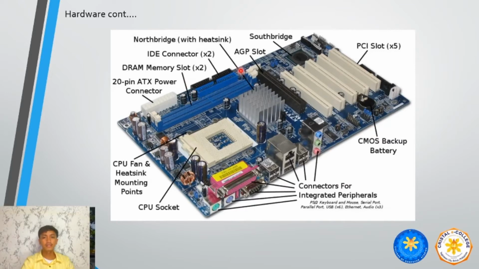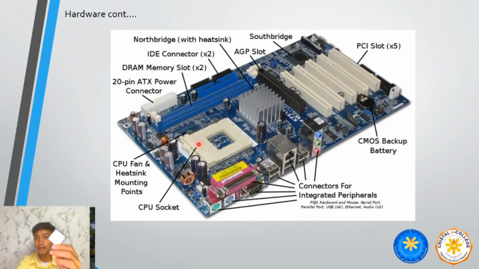This is where we connect the cables from our hard drives. Then we have our power connector for connection to our power supply, and two memory slots for our memory or the RAM. Here also we have the CPU socket wherein we put our CPU.